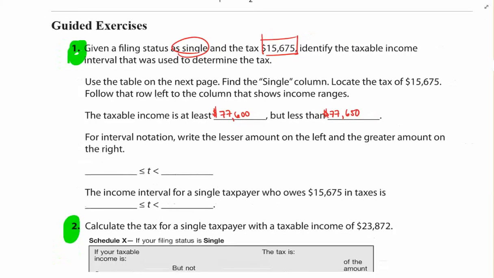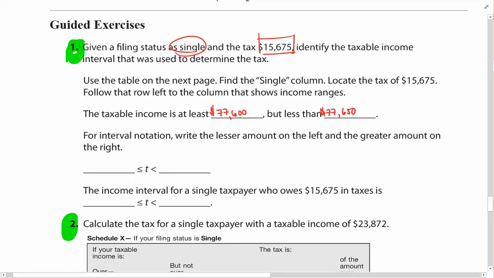The rest of this problem reminds us how we can write this in what we call interval notation. We can use less than or equal to signs to write this. $77,600 is less than or equal to T, which is less than $77,650.